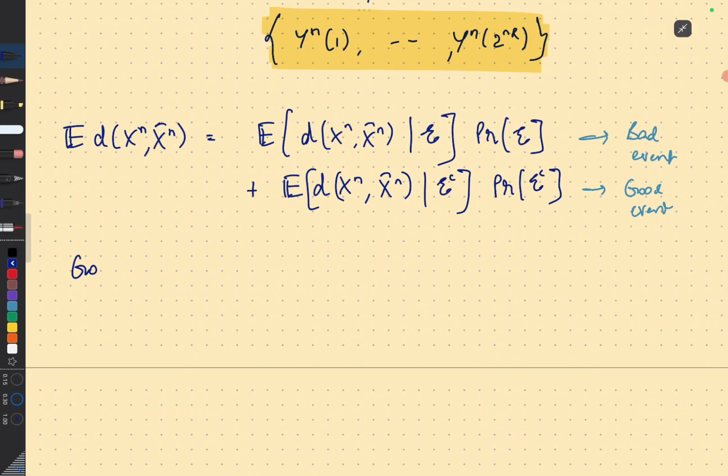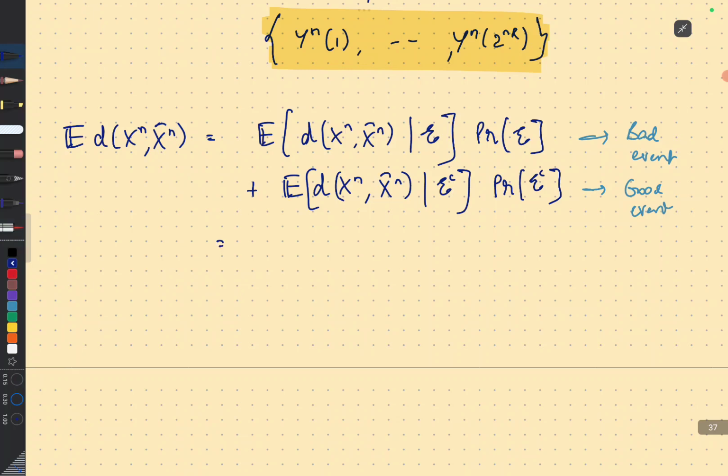And let's see what is the value of this particular distortion in both of these events, the good event and the bad event. We know that if the rate is above the mutual information, then this probability is very small, and therefore this probability is very large.